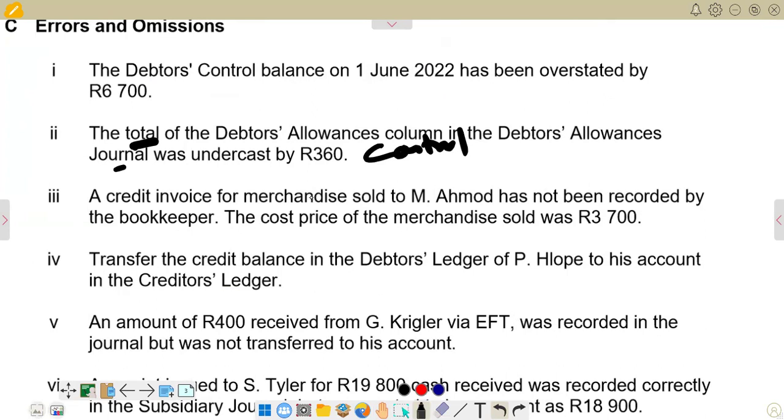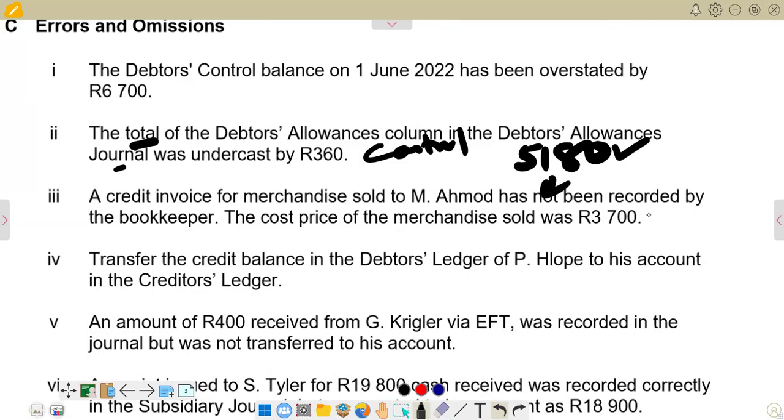The credit invoice for merchandise sold to M. Ahmad has not been recorded by the bookkeeper. The cost price of merchandise sold was 2,700. Remember, we calculated this figure and converted it to a selling price, whereby we got 5,180. You still remember? So this is the figure for the sales, which is item 3.